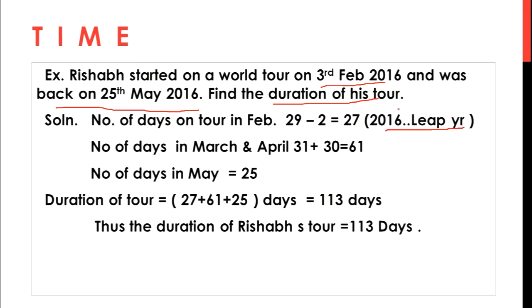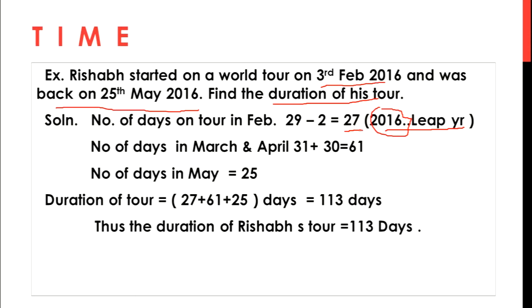Leap year, as you know, is when a year is divisible by 4. So 2016 was a leap year, having 29 days. 29 days of February minus 2 days, because the tour started from 3rd Feb. Therefore 27 days.